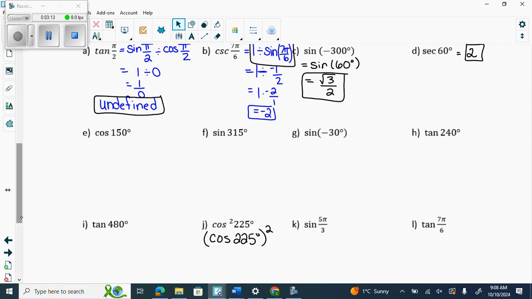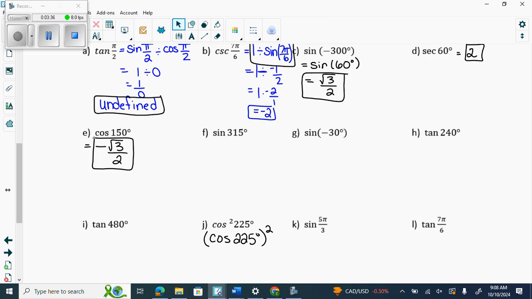Okay, cos 150. What is x at 150? Negative root 3 over 2. So now type in cos of 150. We're checking these all out.